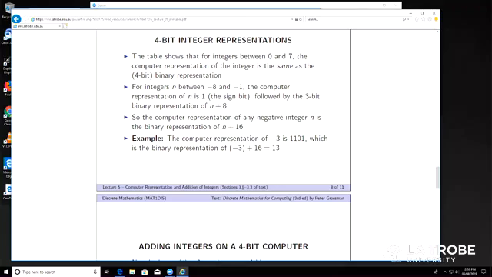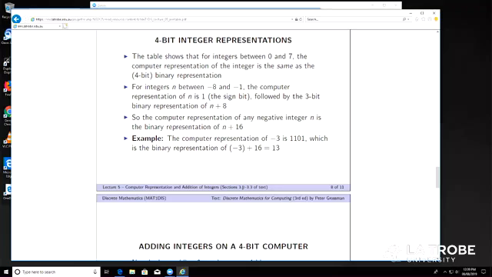Okay, think of some examples. If I'm adding 4 plus 6, what is 4? 4 is 0100, plus 0110. What answer am I getting?